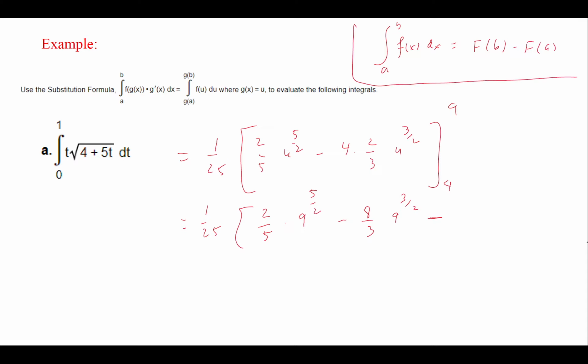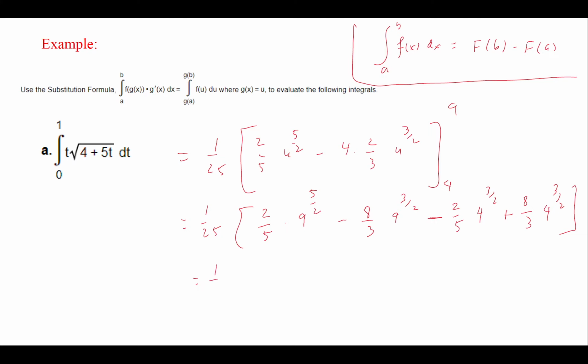This F is the antiderivative of small f. So negative F of a means the value of this at 4, which will be 2 over 5 times 4 to the power 3 over 2, and this negative and this negative becomes positive 8 over 3 times 4 to the power 3 over 2. Now we just need to simplify this expression.